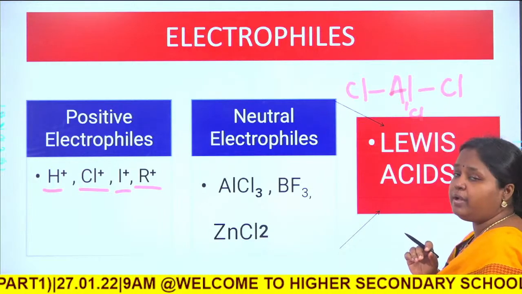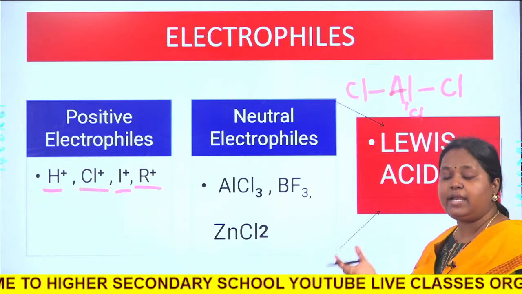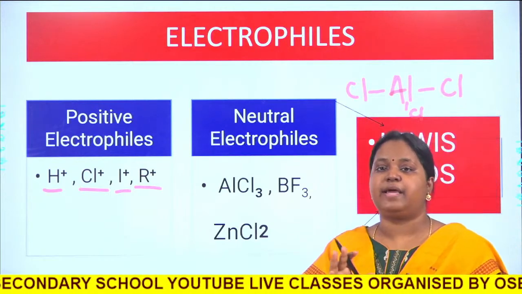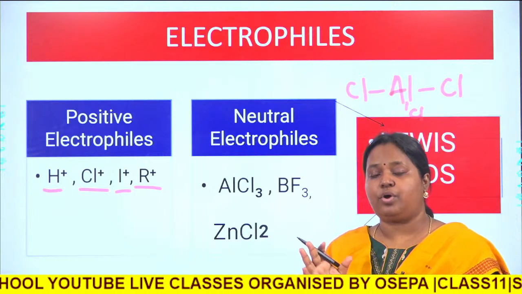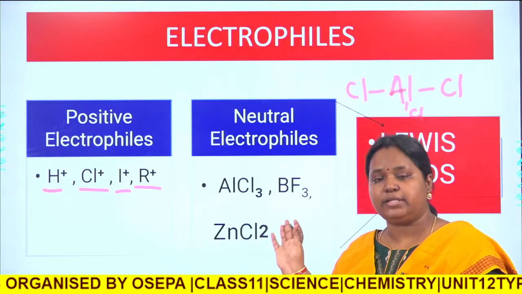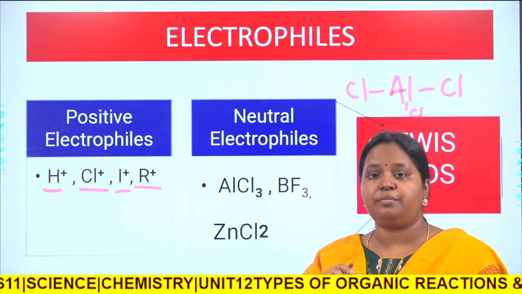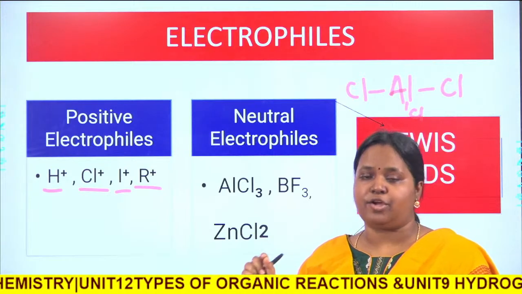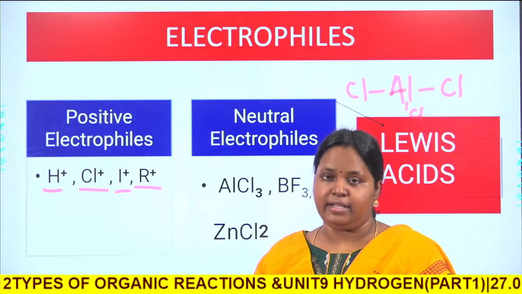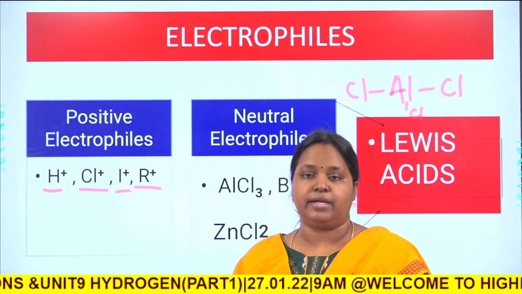So how many valence electrons are there? 6 valence electrons are there. So the octet is not satisfied, so it will have a tendency to gain 2 more electrons. Hence since aluminum has not satisfied its octet, it will act as an electrophile.